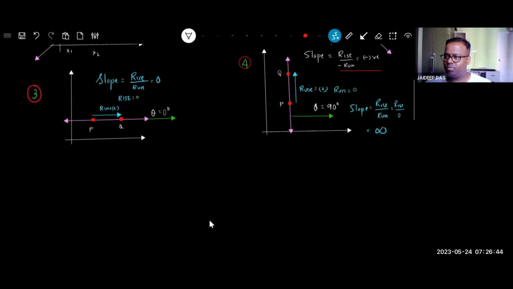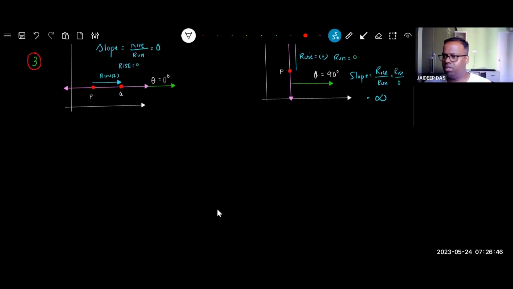Let me draw one more figure and make it our fifth analysis.